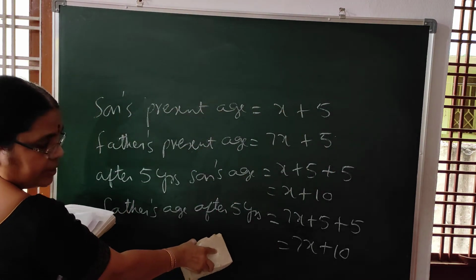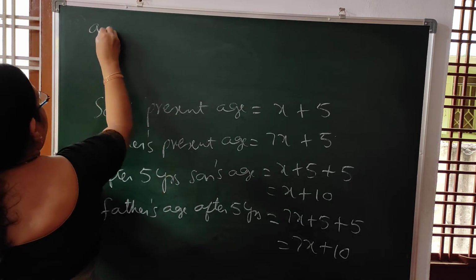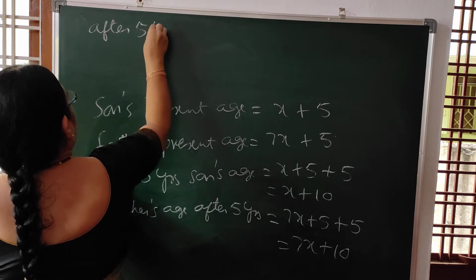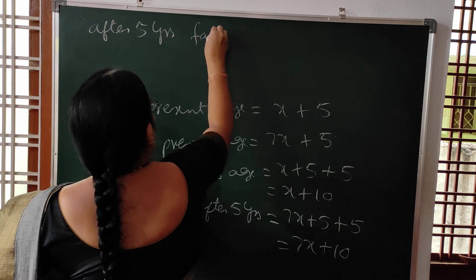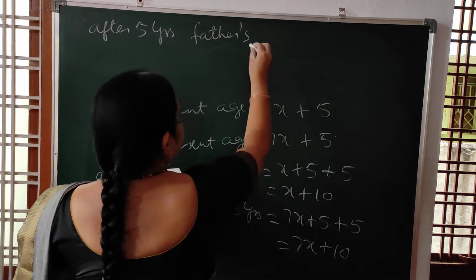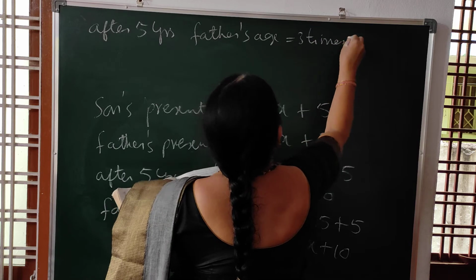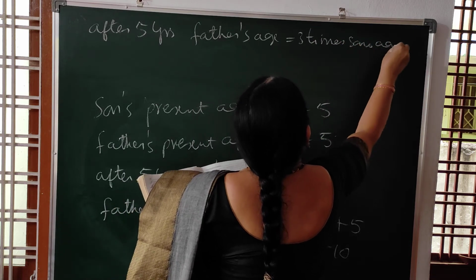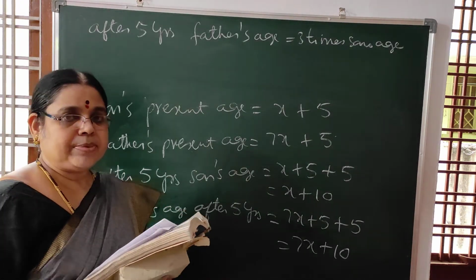After 5 years, father's age is equal to 3 times son's age.